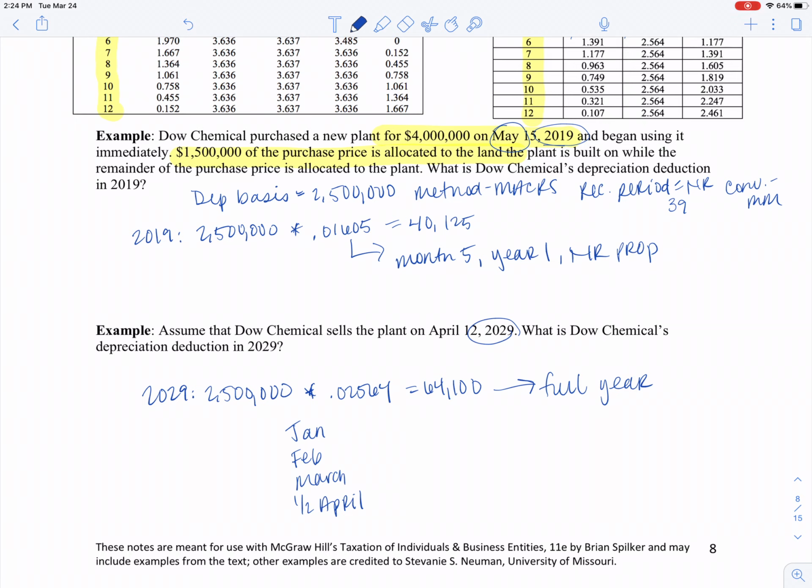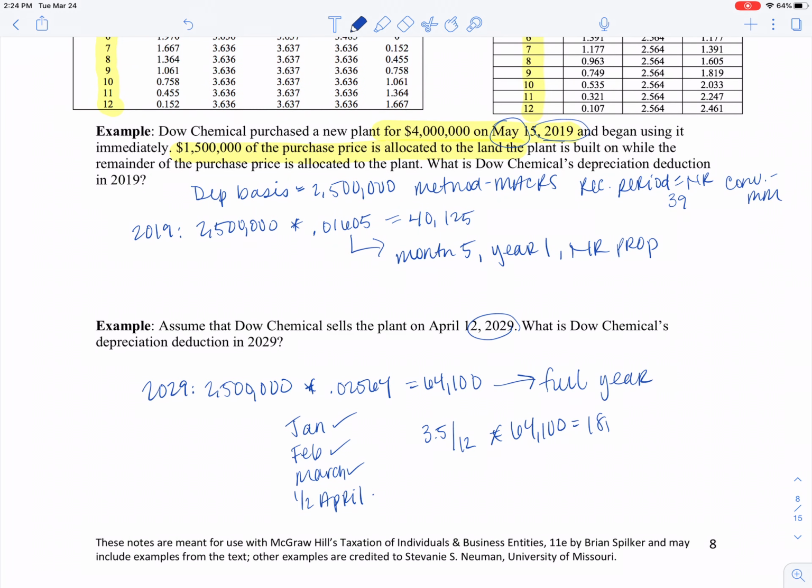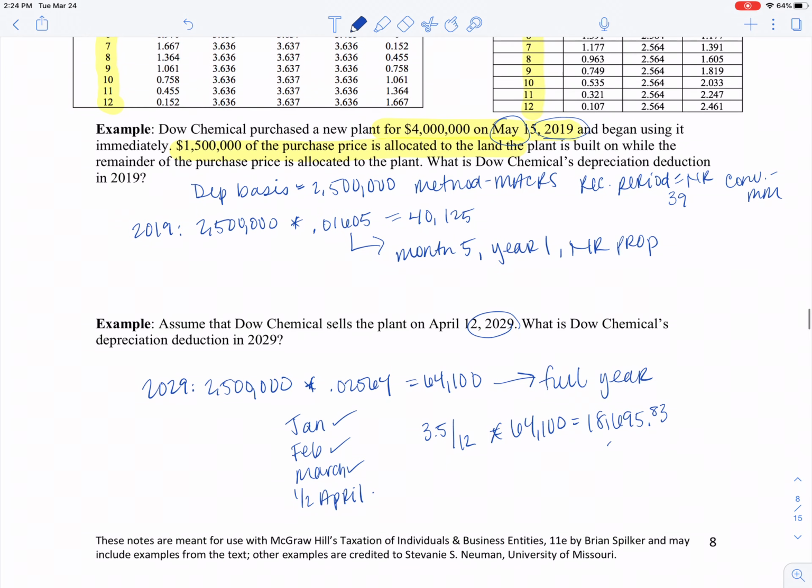So that would be 1 month, 2 months, 3.5 months over 12. So we multiply that by 64,100, and we get the allowed depreciation of $18,695.83. That is the depreciation that this company would take in 2029.